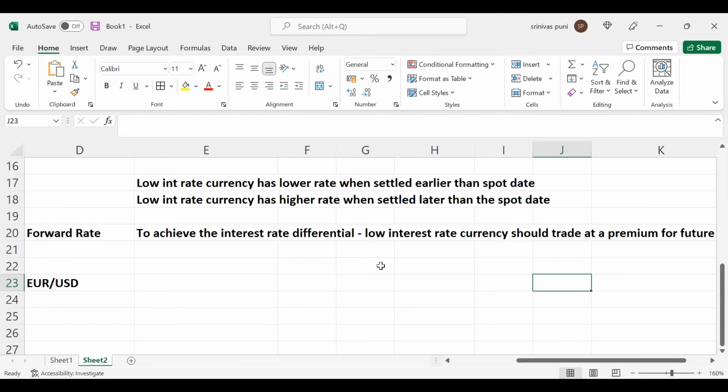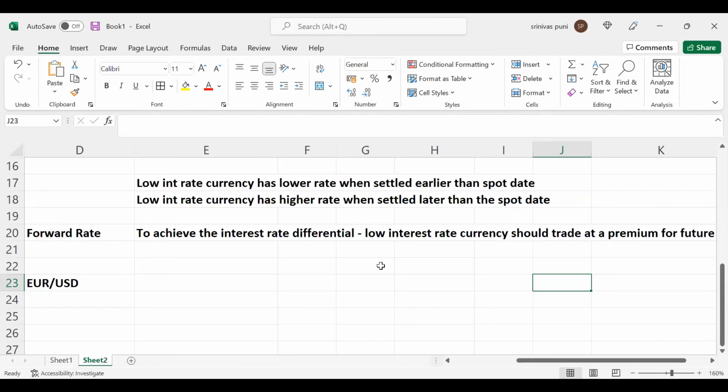So people want to be in rupees now and not in the future, because they want to earn the interest now, keep it in the deposit for some time, and then take it out in the future. Take out the rupees, that means sell the rupees back and buy dollars in the future, not today.